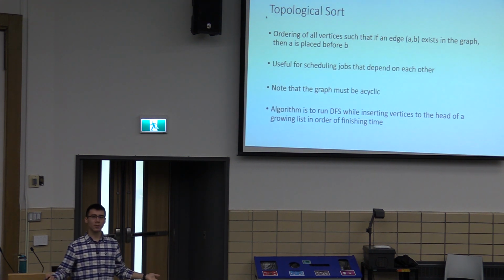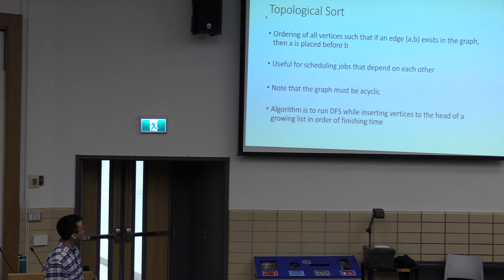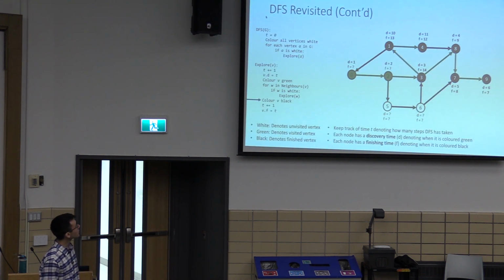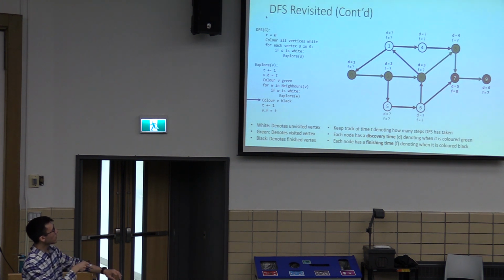So if we go back to this graph, as soon as we reach our first finishing, our first black vertex, all we have to do is modify the algorithm such that we insert this 9 into the head of the linked list. Then we reach our next black node, and since we reach another finishing time, we insert 7 onto it.